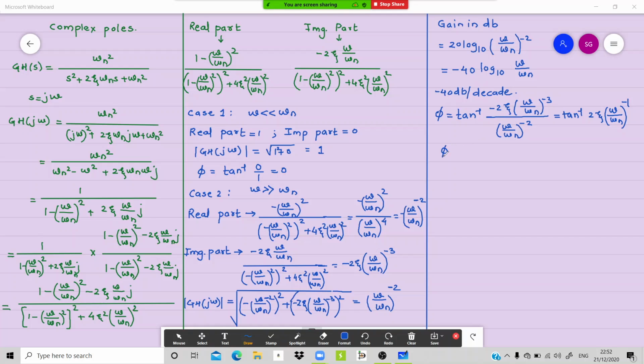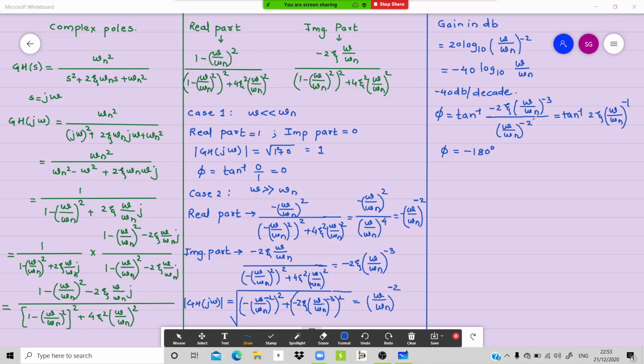And that's why phi that you are going to get here is going to be minus 180 degrees. Tan inverse of 0, but the minus sign is there. It's very well understood over here. See, the imaginary part is having a minus sign, right?